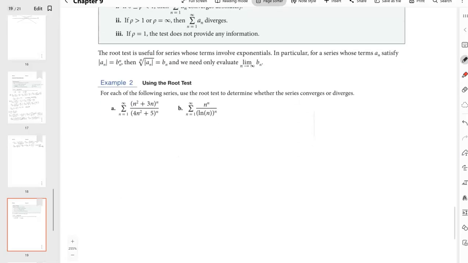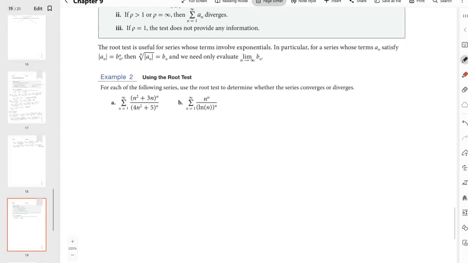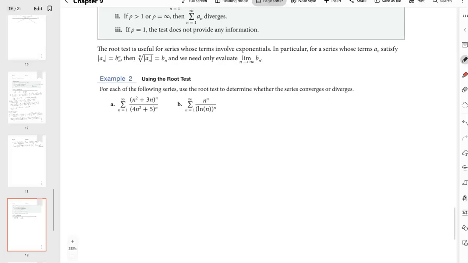So let's look at a few examples. The root test really comes in handy when I have things raised to an nth power. So let's look at that first one. I've got the sum from n equals 1 to infinity of n squared plus 3n, all that's raised to the n, over 4n squared plus 5, and that's raised to the nth power. So this is where I'm going to use that root test.